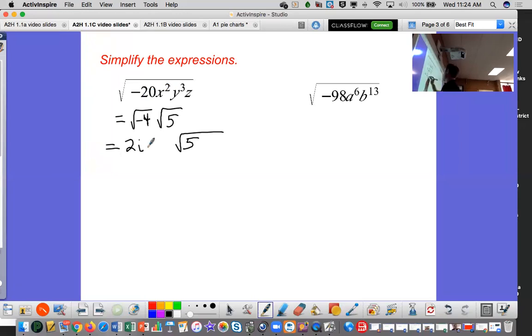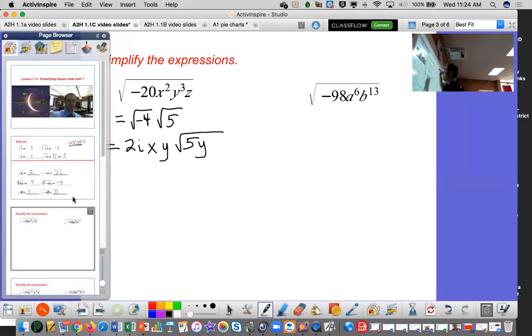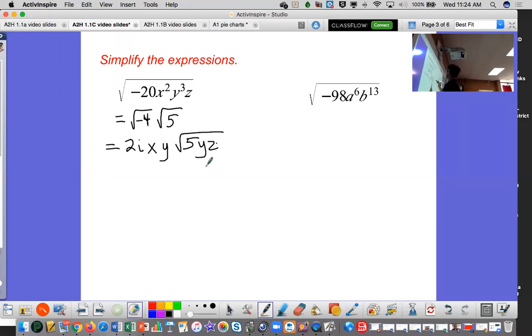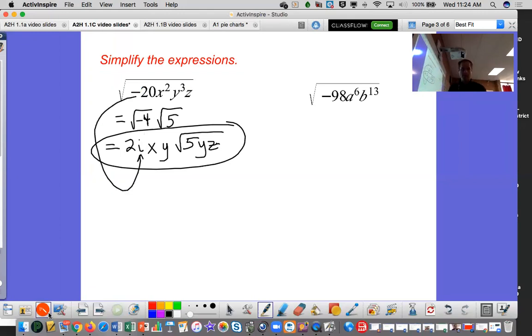So I can take out an x, 1x here. I can take out 1y, but I'd have a y left over because I have an odd amount, so I have that left over right there. And the z goes back in as well. It doesn't have enough to make a pair. So there would be our simplified version. The main thing that's changing now is we have to remember that this is going to be an i in our answer, okay?